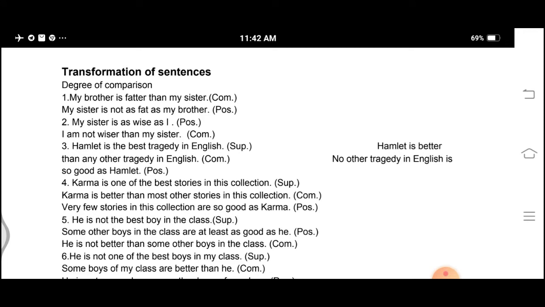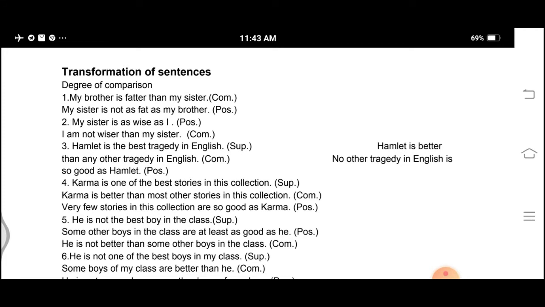Positive is counted for one person, and in comparative, a comparison is held between two different persons using than. For example, good, better, best. Better is the comparative degree and best is the superlative, and superlative is the best of all.